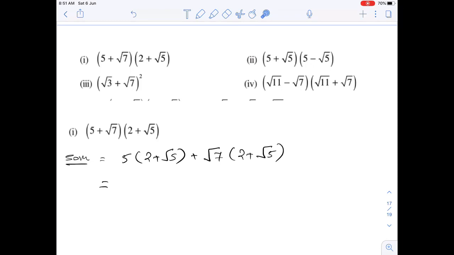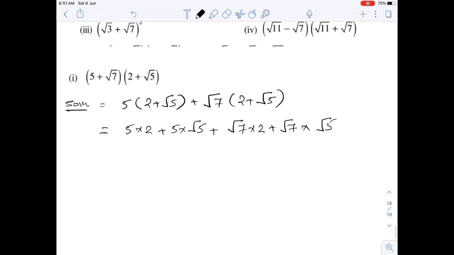First, 5 multiplies with 2, then with √5. So in detail: 5 into 2 plus 5 into √5. Then the plus as it is. Next, √7 multiplies with 2, then with √5, giving √7 multiplied by 2 plus √7 into √5.